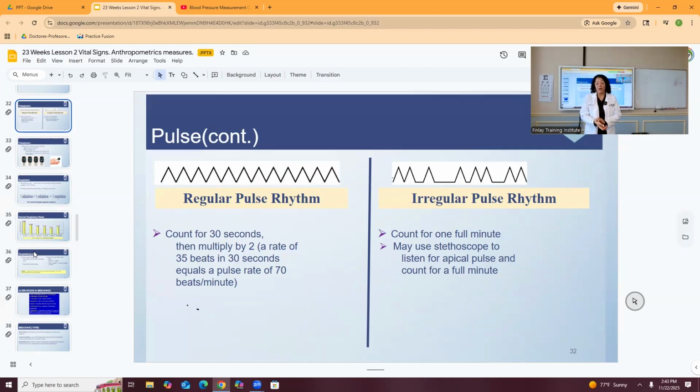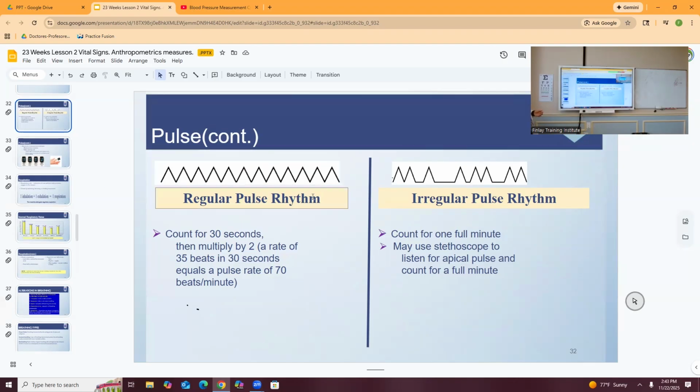So if you have an irregular heartbeat, an irregular pulse, that means your heart is irregularly pumping the blood. That means this patient can have a cardiac issue going on.